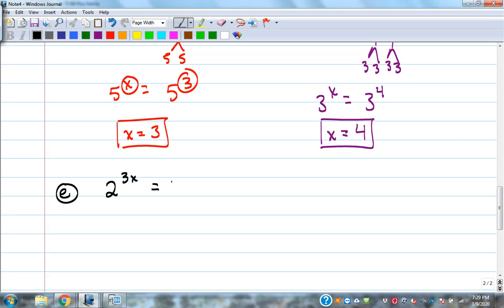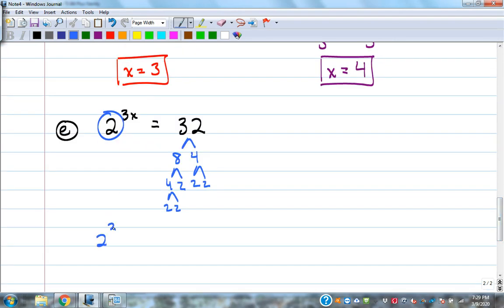Make it a little tougher. 2 to the 3x is equal to 32. It still goes back to that base. So I'm going to try to rewrite 32 as a 2 to a power. So 32 is 8 and 4, 4 and 2, 2 and 2, 2 and 2.